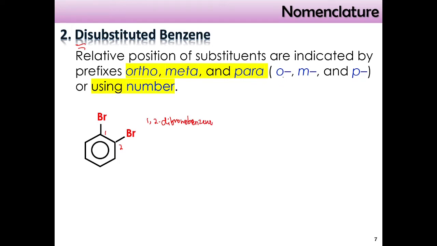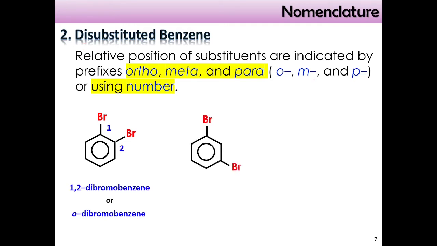If you want to use ortho, you can name it ortho-dibromobenzene. This refers to position number 2, this is position number 3, and position number 4, but only for disubstituted benzene. So 1,2-dibromobenzene or ortho-dibromobenzene.